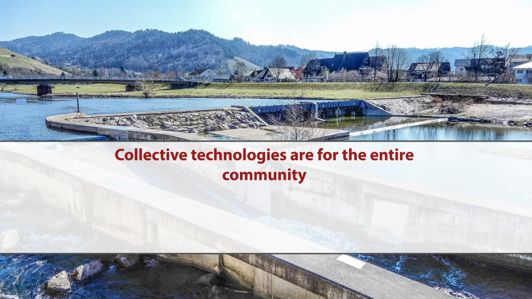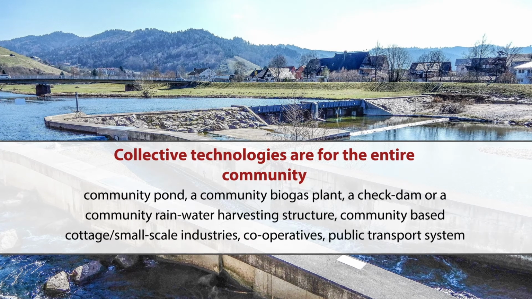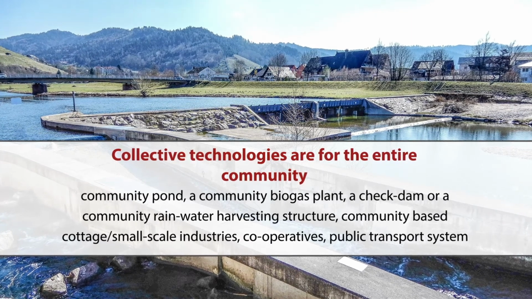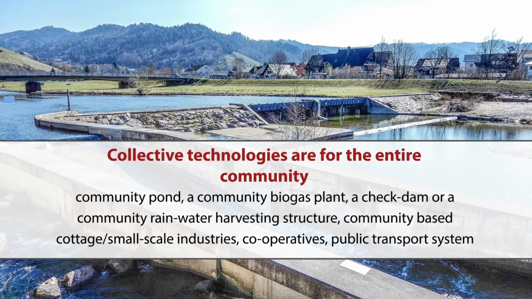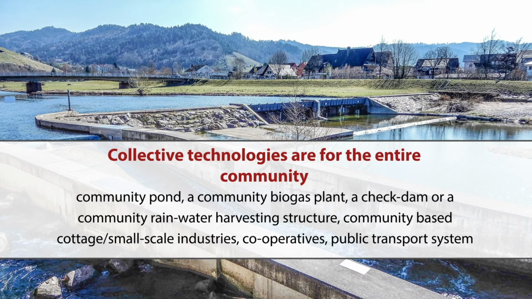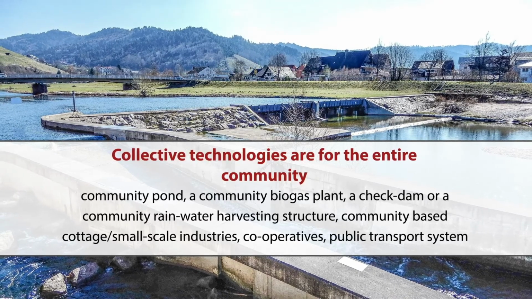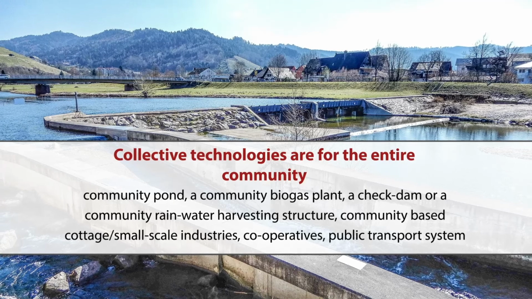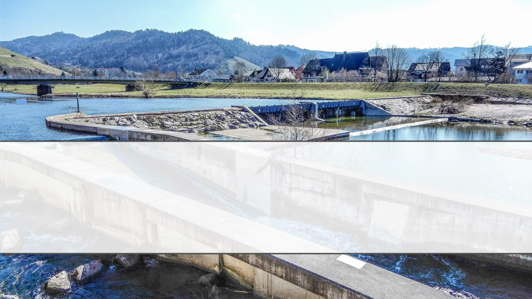For example, we have community pond, a community biogas plant, a check dam, or a community rainwater harvesting system which is of a larger scale. A community based small scale cottage industry or small cooperatives or a public transport system, these are all examples of collective technologies.